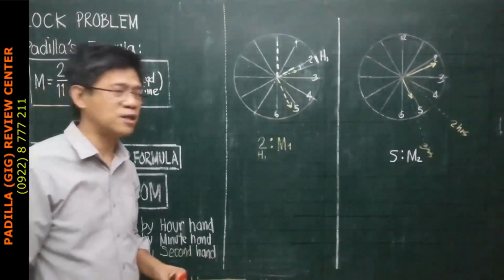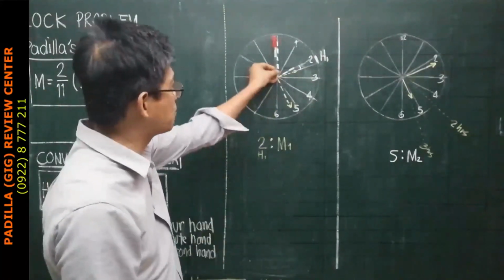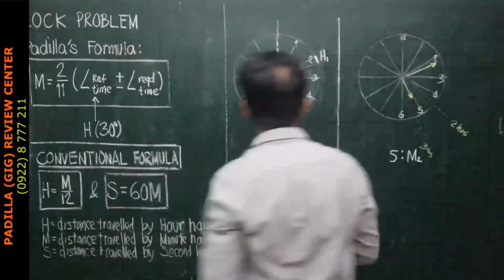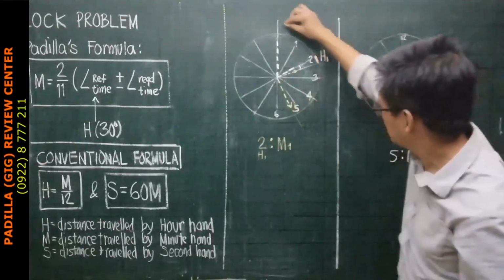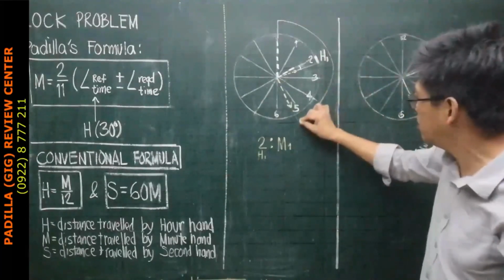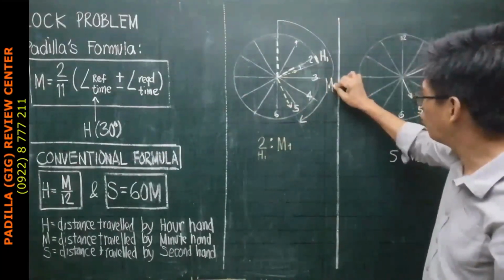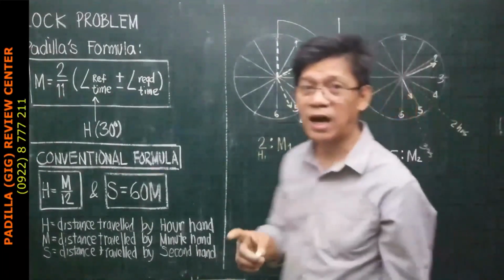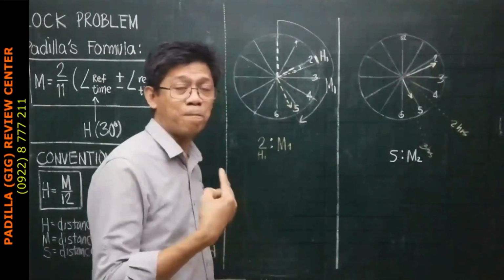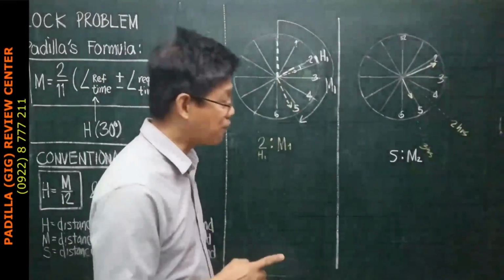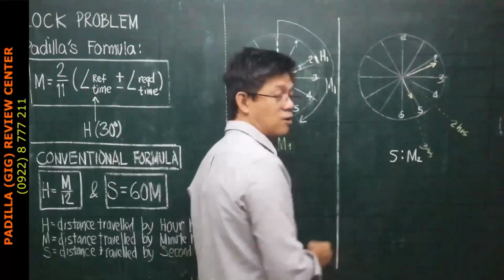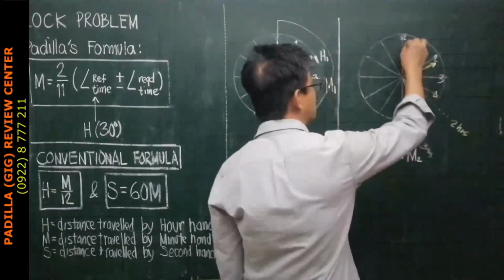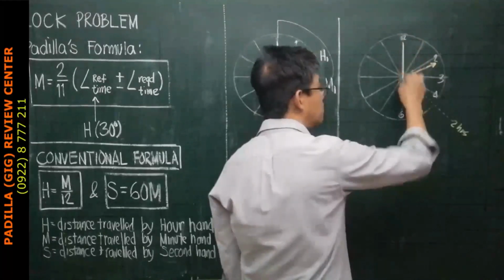So this is our H1. Well, from 2 o'clock, the distance traveled by the minute hand is from here to here. So, from here to here, this is our M1. While for this one, it's alas 5 pasado or past 5 o'clock. The reference time is alas 5. At 5 o'clock, the hour hand points to 5, while the minute hand points to 12.